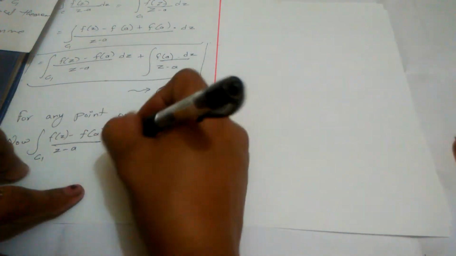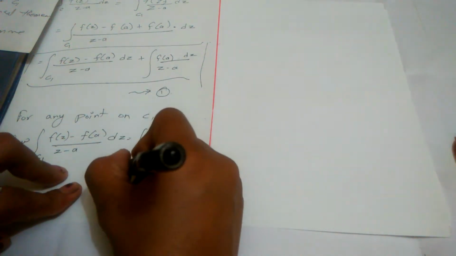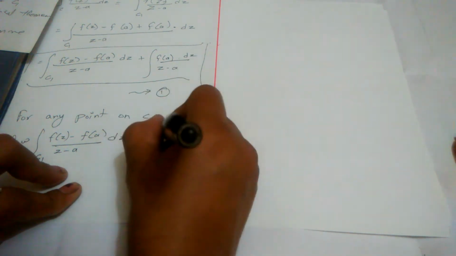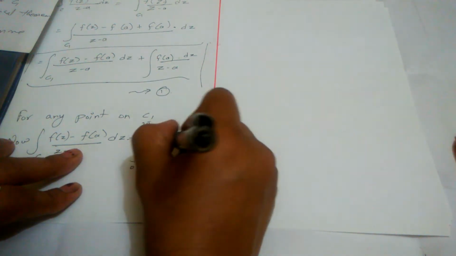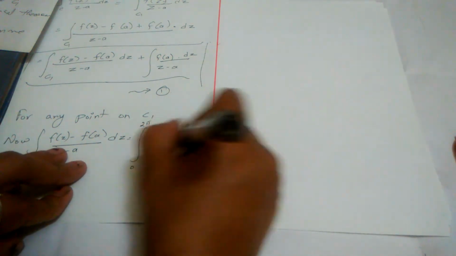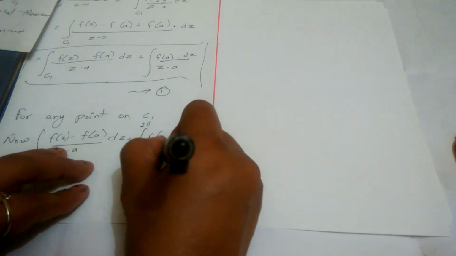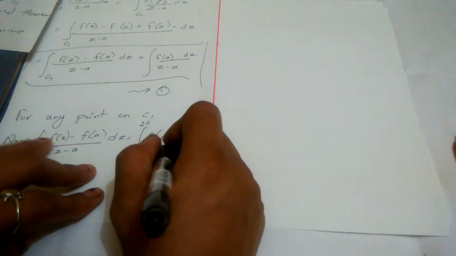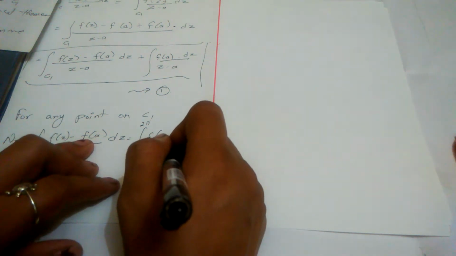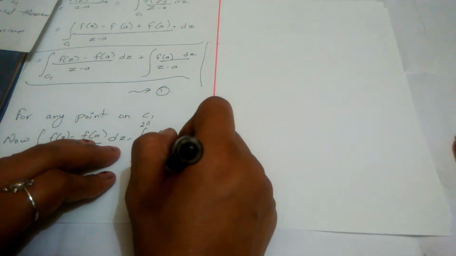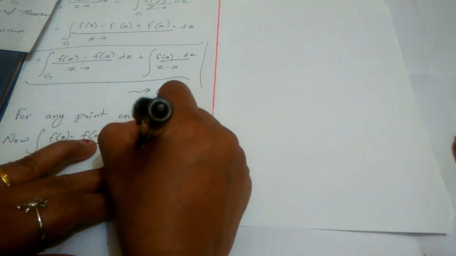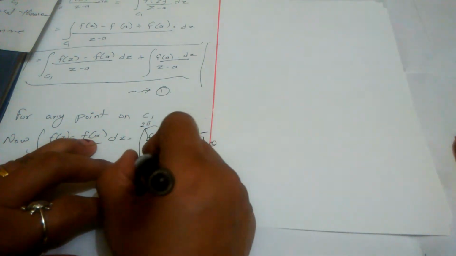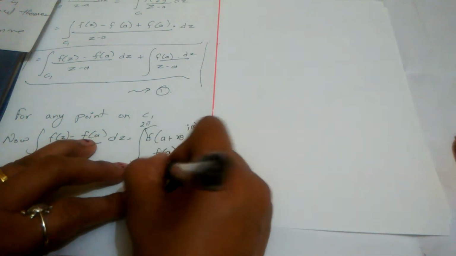This becomes the integral from 0 to 2 pi of f of a plus r e to the i theta, minus f of a, times i r e to the i theta d theta, in the numerator, and the denominator is r e to the i theta.